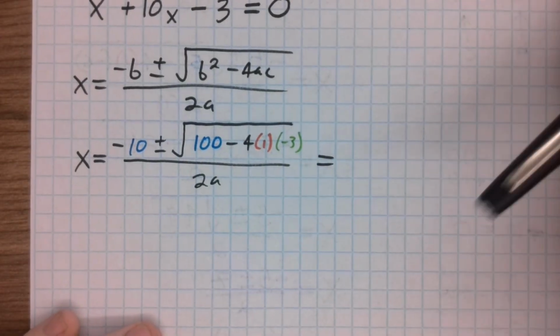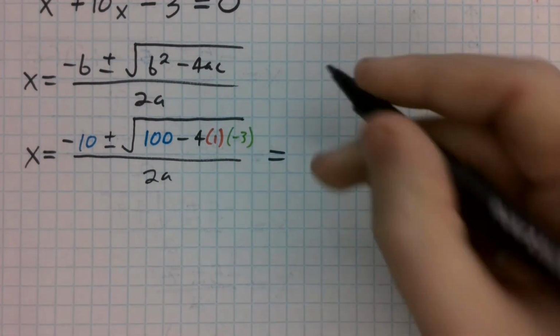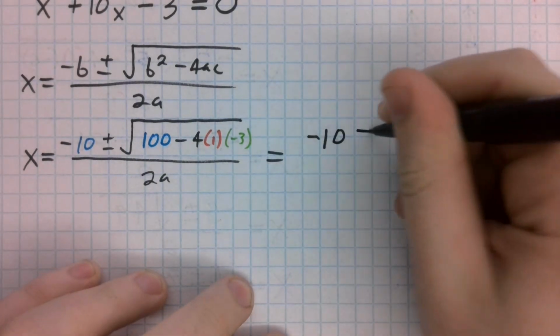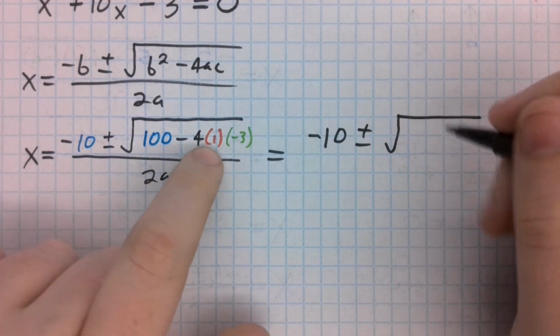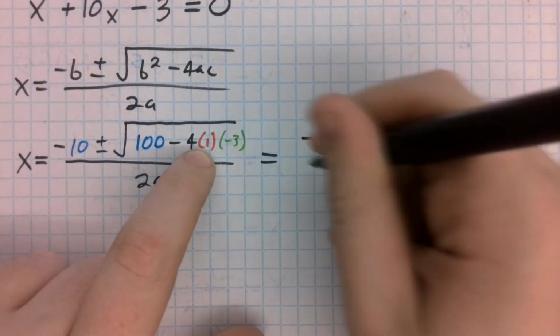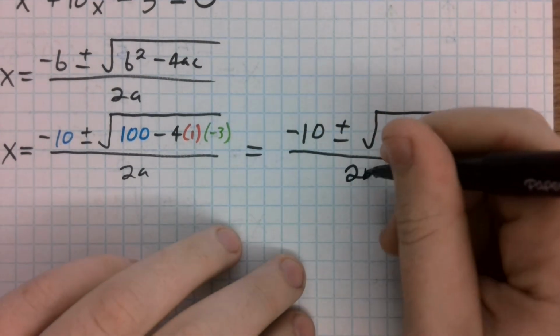Well, negative 4 times 1 times negative 3 is positive 12, right? So this becomes negative 10 plus or minus the square root of 100 plus 12 is 112, all over 2a. Sorry, 2 times 1, I should say, so it's just 2.